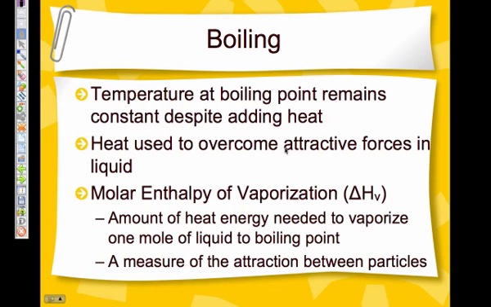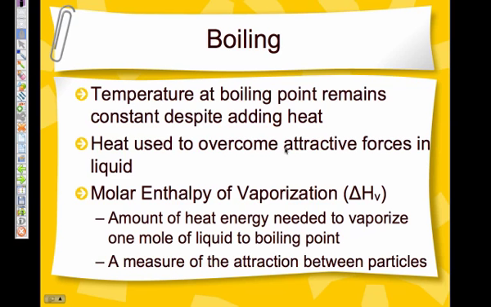Okay, so when it's boiling, the temperature at the boiling point remains constant even though you're adding heat. All that heat that's getting added is used to change the water into vapor, to overcome attractive forces. So we have a value called the molar enthalpy of vaporization, which is the amount of heat energy needed to vaporize 1 mole of liquid at its boiling point.